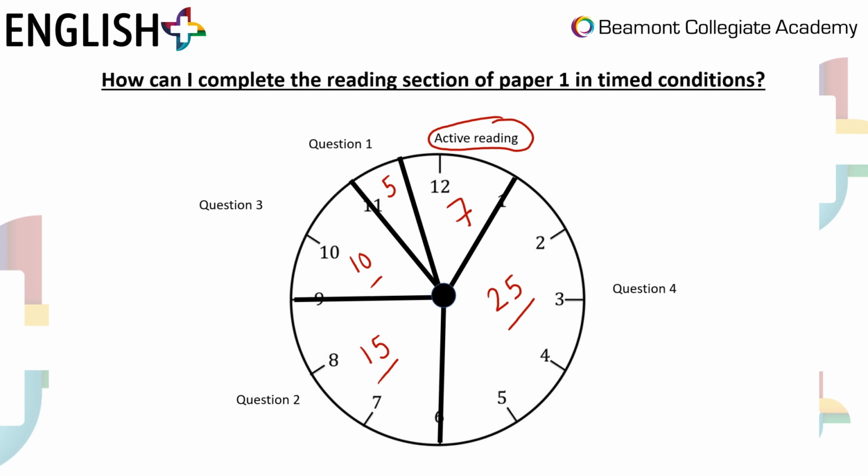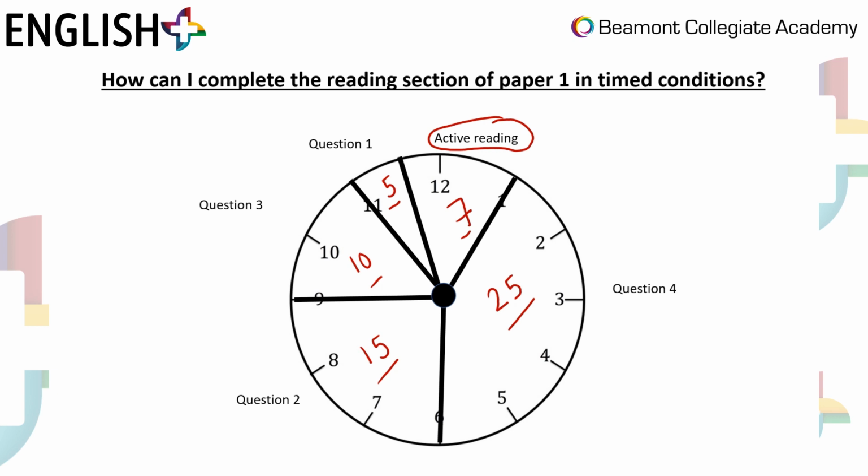It's very unlikely to take you 5 minutes, but if we keep that as a 5-minute slot, once you've done your question 1, you might go back and add some extra comments to your question 3 or your question 2. The key is that you practice this before the exam.